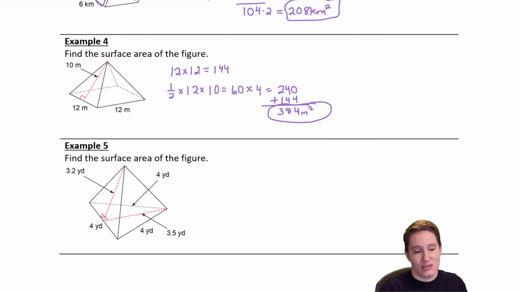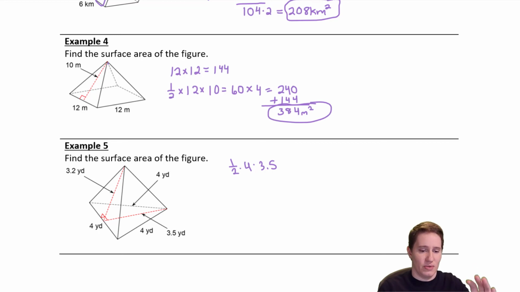But we'll go ahead and find this one here at the end, although it is going to be annoying because we've got decimals, so my bad. So let's see, we've got this triangle on the bottom has a base of 4 and a height of 3.5. Right, so we're going to do 1/2 times 4 times 3.5.